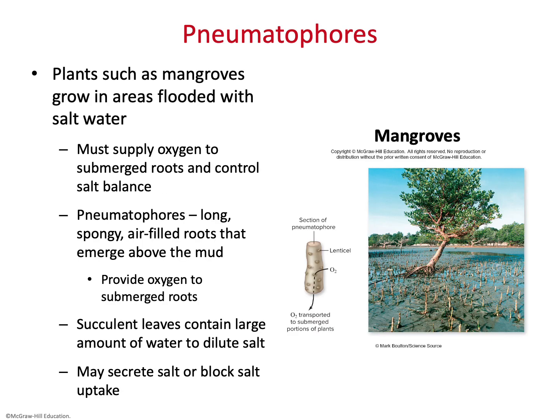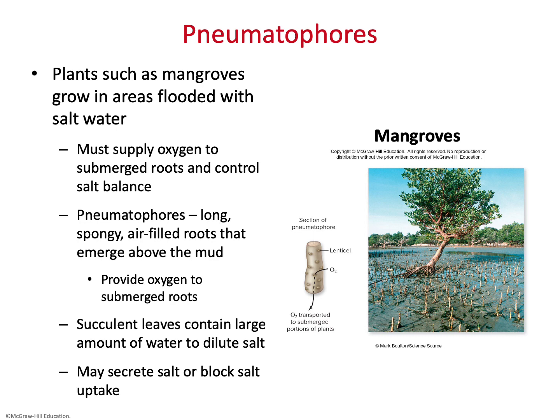Plants such as mangroves grow in areas normally flooded with salt water. These plants have submerged parts that need oxygen and also need control of the salt balance. In order to balance salt, they secrete or dilute salt as it enters the plant.